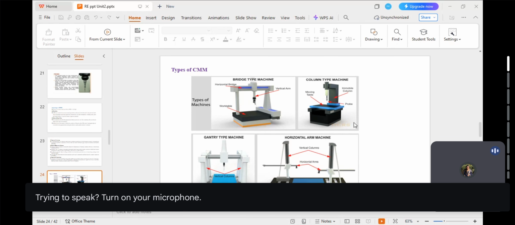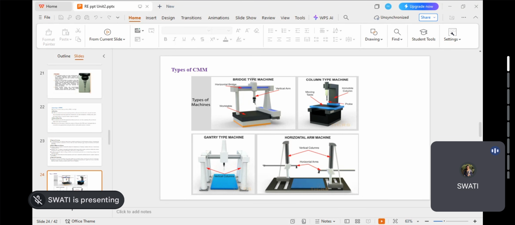In this gantry type arrangement, you can see the arm is held by two fixed supports. Okay, so this arm is held by these two supports, which are fixed but large in shape. So it is very easily manageable for a large component.